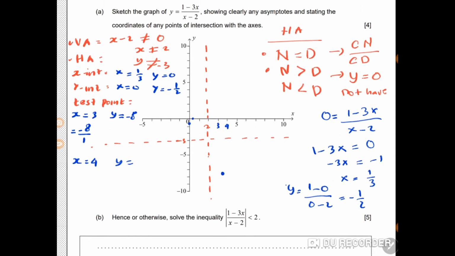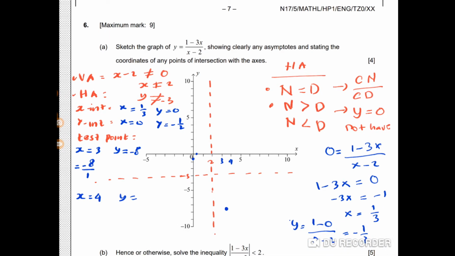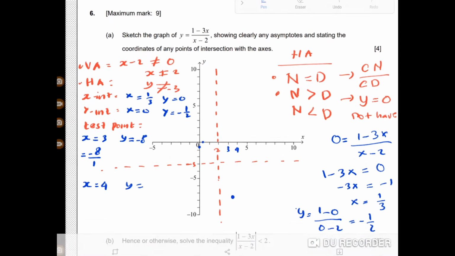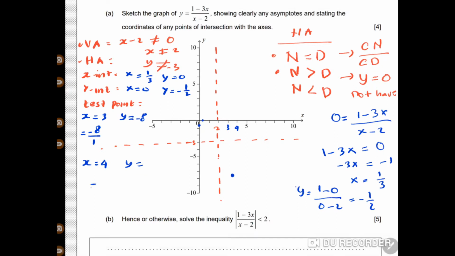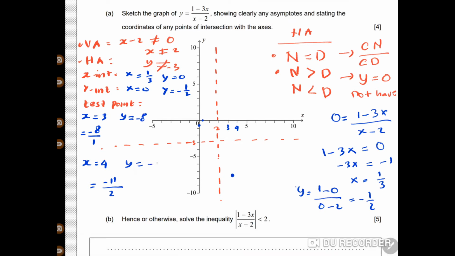By using this equation, we have 1 minus 3 times 4, which is 1 minus 12, so we have negative 11, divided by 4 minus 2, which is 2, so we have y equals negative 5.5. So negative 5.5 is here.